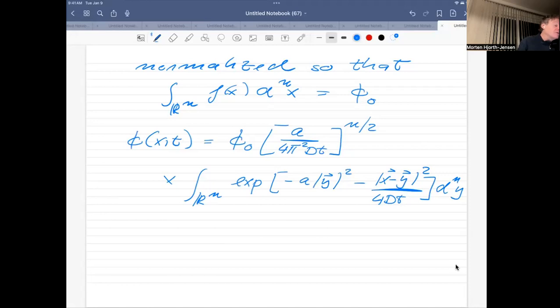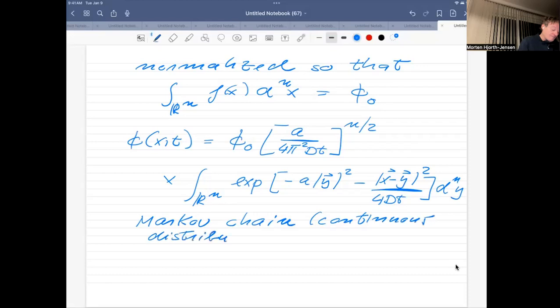We can then interpret this specific function here as a kind of transition probability. If we now go back to what we wrote in connection with a Markov chain, let's set this up here. And this is now a continuous distribution. If I use the Markov chain, then what I would have is something which looks like this for a continuous distribution.